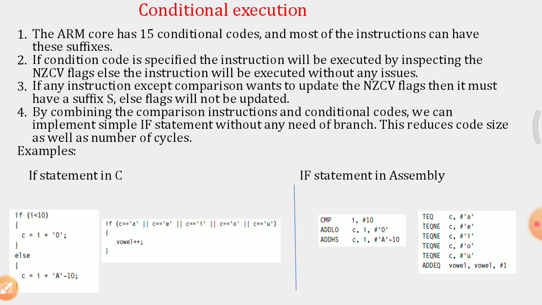So this reduces the code size as well as the number of cycles. Say for an example, here we have taken two examples. In the if statement in C language, it has: if i is less than 10, then c is equal to i plus character 0, or else c is equal to i plus character A minus 10.